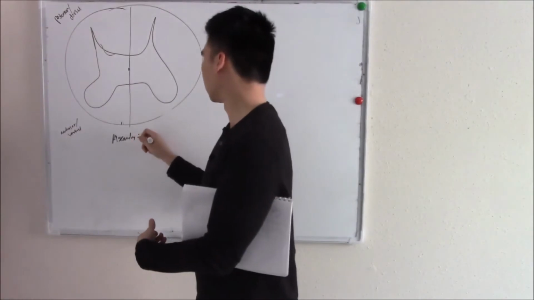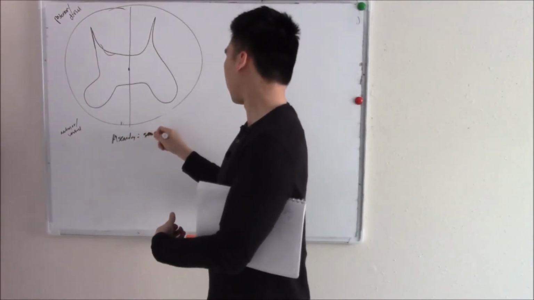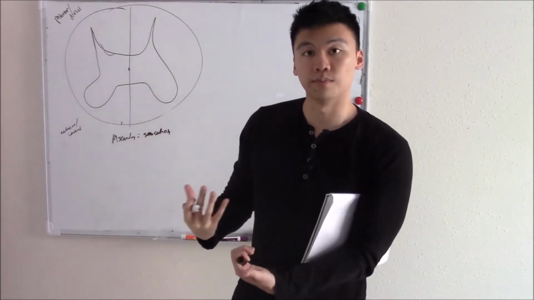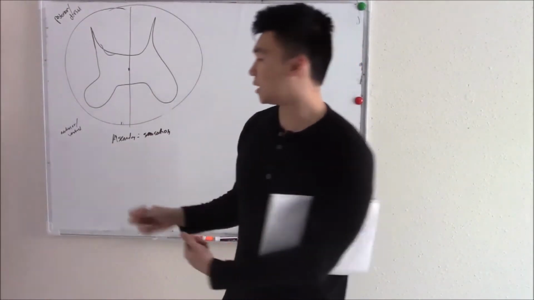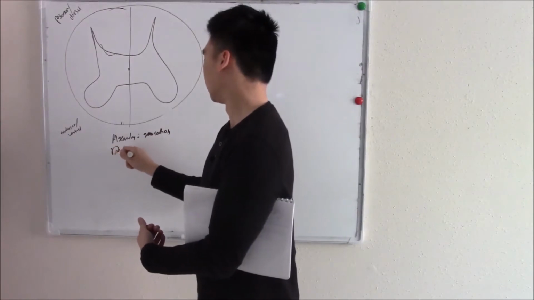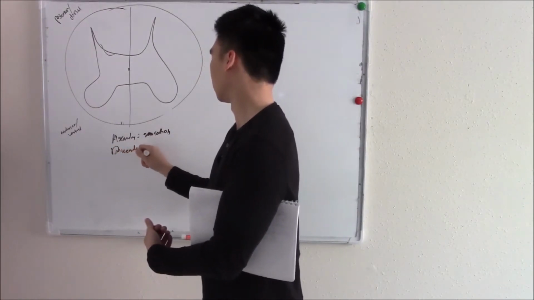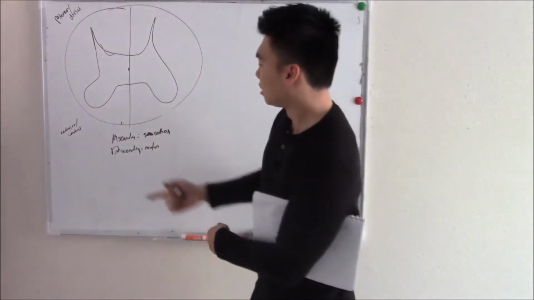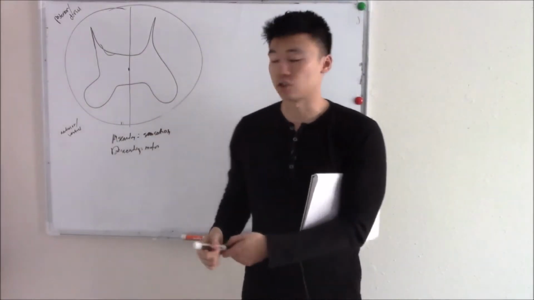So ascending equals sensation. And then once your thalamus and your brain have processed it, it will send signals back down, usually in the form of motor function. It tells you, hey, that stove is hot, move your hand. So we have your ascending tracts and your descending tracts. Let's talk about ascending first.